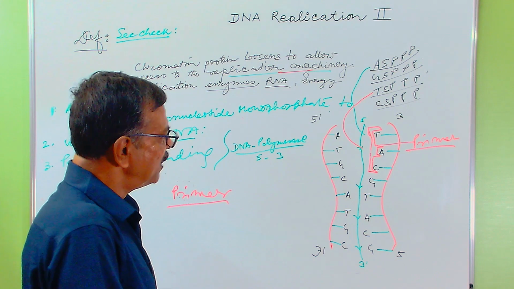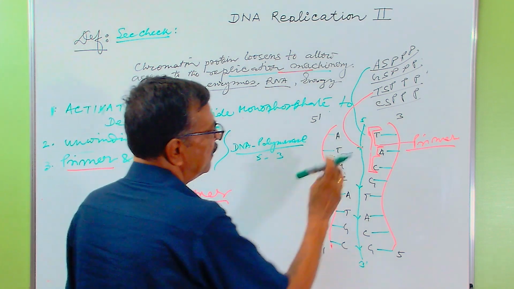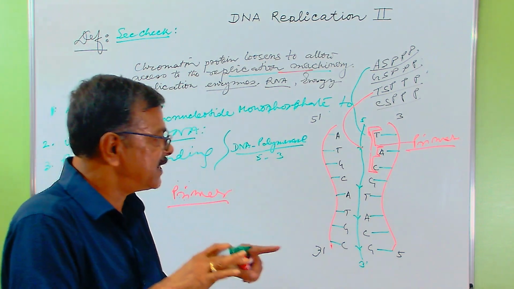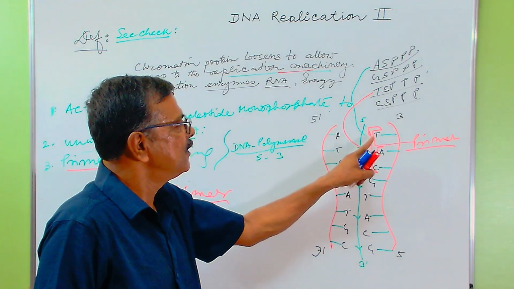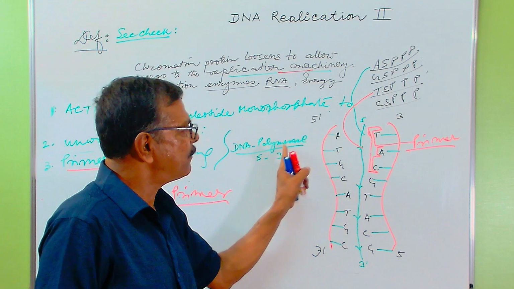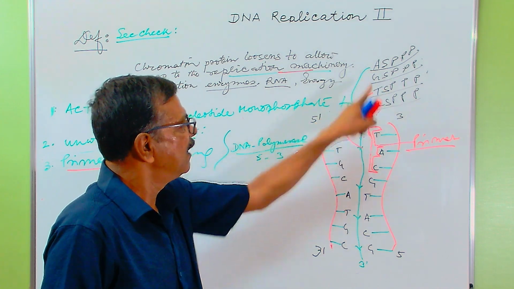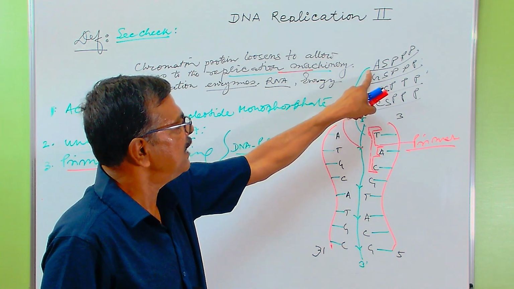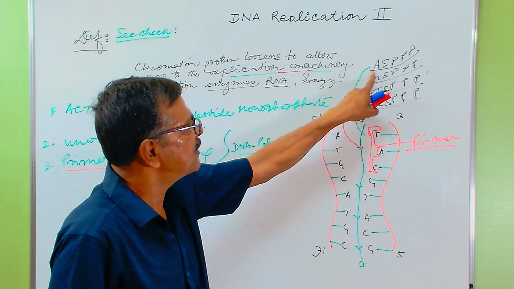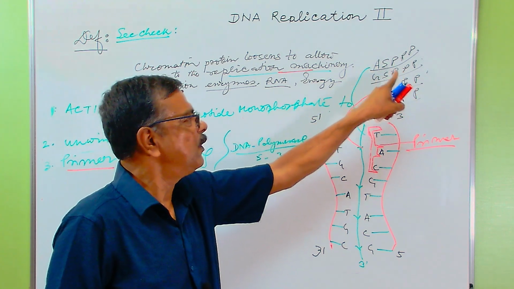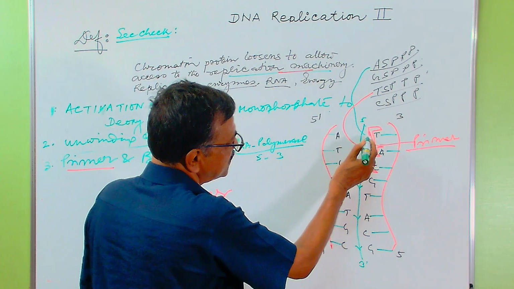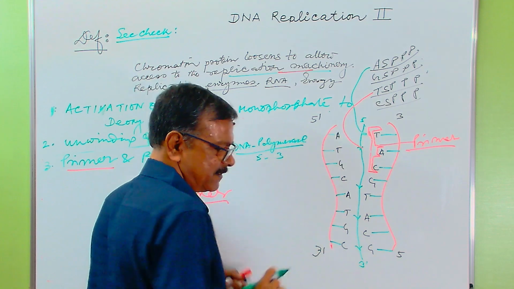And what will be done? DNA polymerase will sense that here is the primer. So DNA polymerase will bring the deoxyadenosine triphosphate here. This triphosphate will come here, not monophosphate.